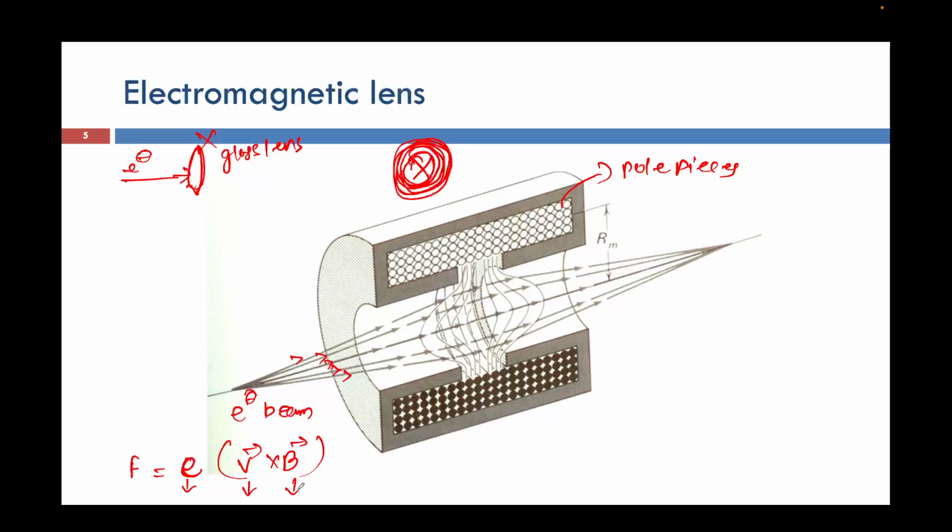So it will experience some amount of force, and the force direction is more important to us than the magnitude of the force. That is why we have chosen the electromagnetic lens to act as our virtual lens for the electron beam.